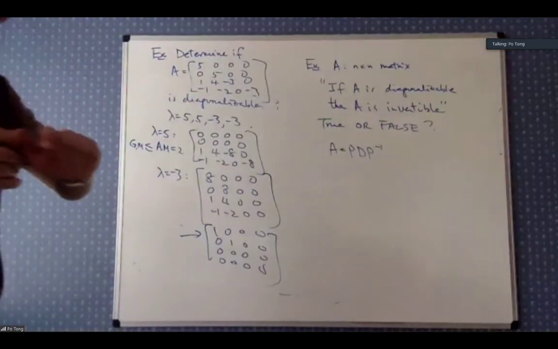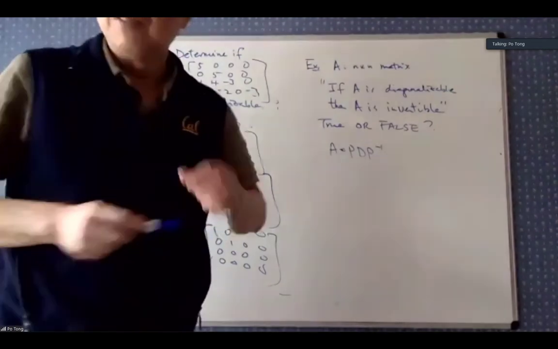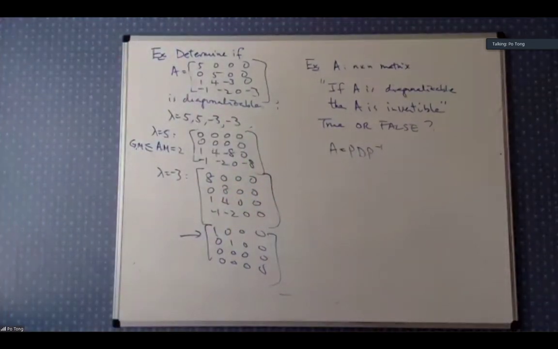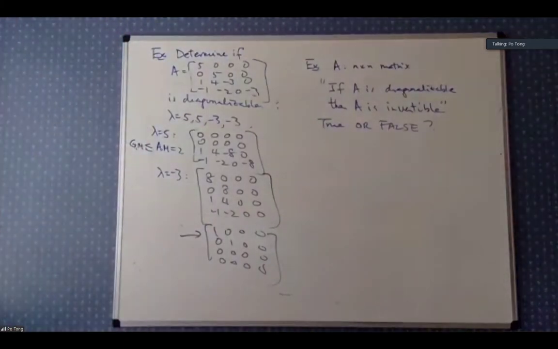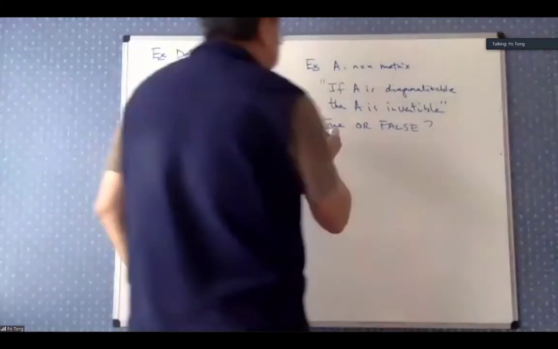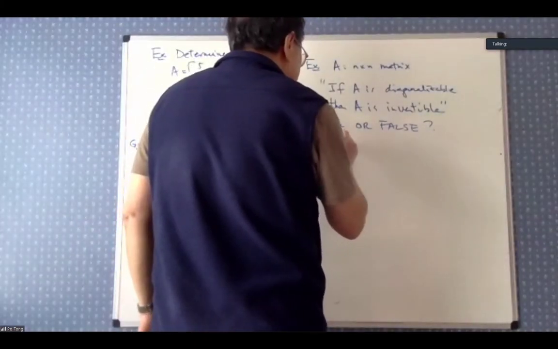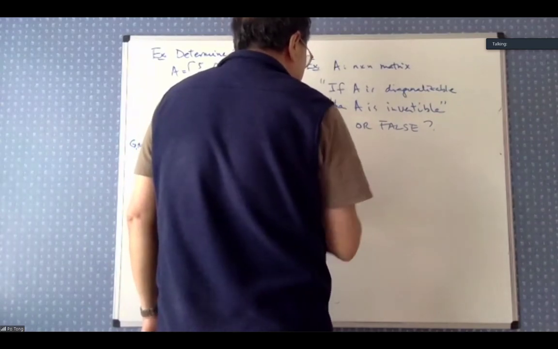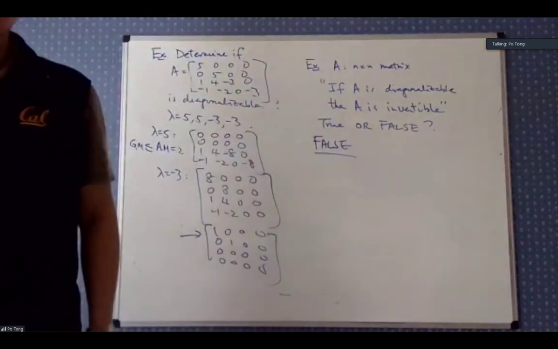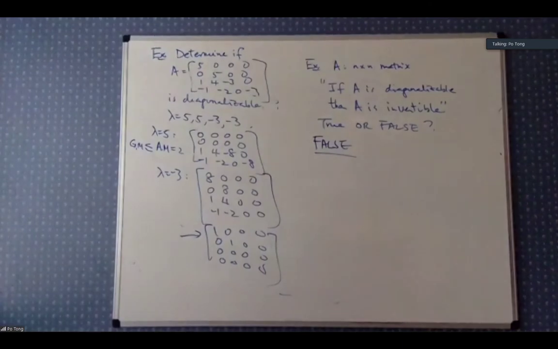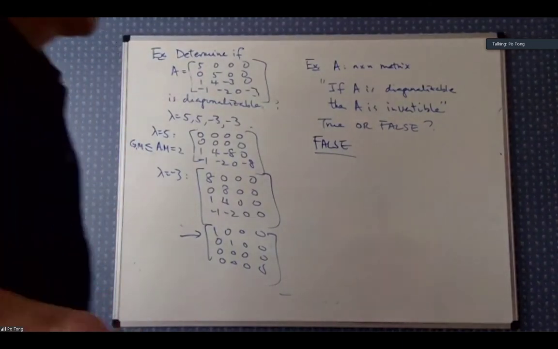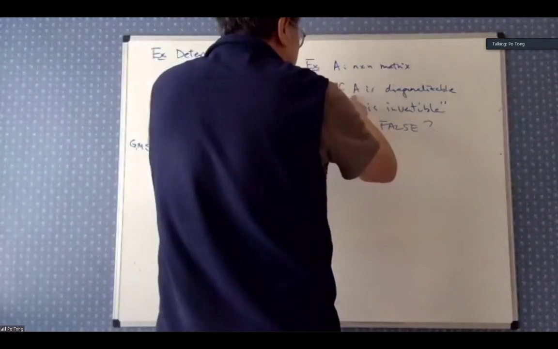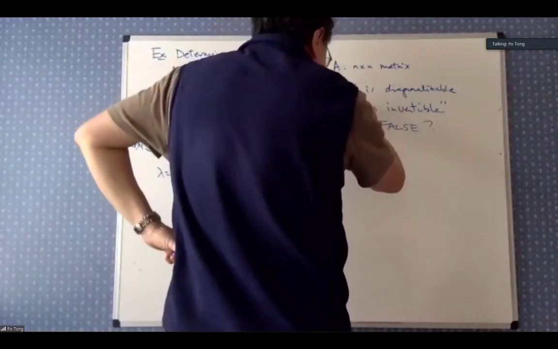Okay. I'm going to go through this then. The answer is actually false. It's actually two different things. Now, if I say it's false, what do I need to do to convince people? Counterexample. So I'm looking for a matrix A that's diagonalizable.